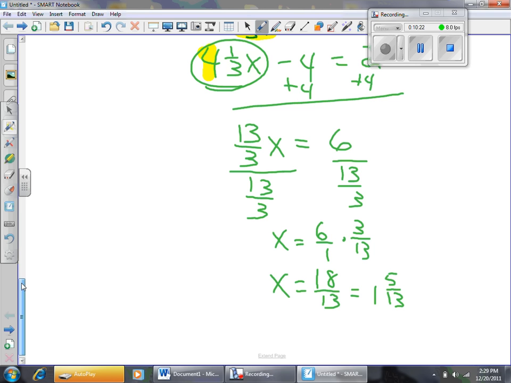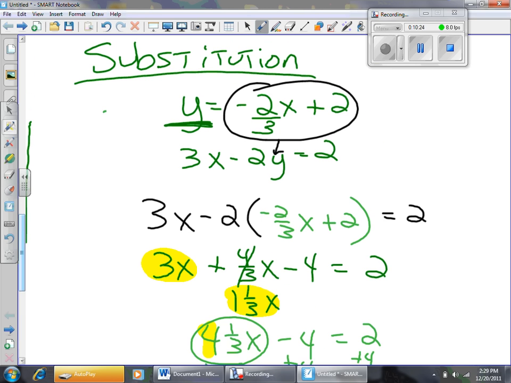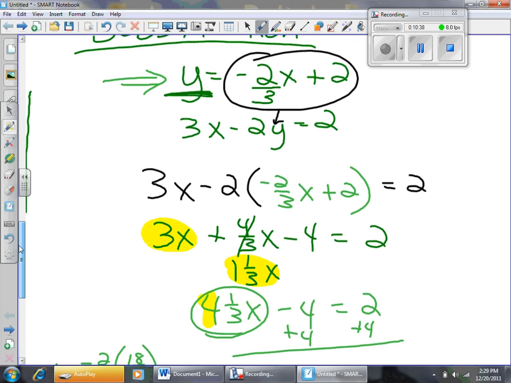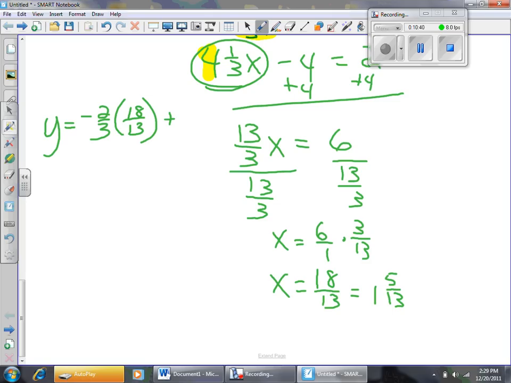Well, the easiest equation, in my opinion, would be to use this one. So I'm going to do y equals -2/3, I'm going to plug 18/13 in for x, and then I have to add 2 to whatever I get. And you can see this is really ugly. There's no way you'd be able to look at the graph and tell what you're going to get.